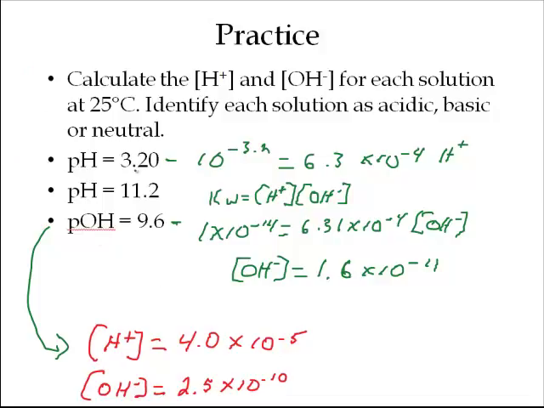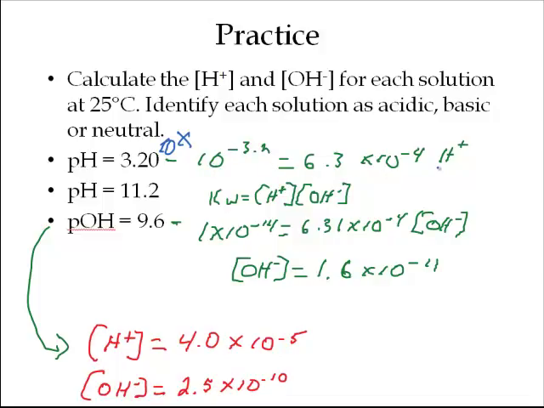The first thing I did was, if I want to find the concentration of H+, I took that 3.2 and used my 10x key. You've got a 10x key in your calculator somewhere. So I hit negative 3.2, 10x, and it gave me this value right here.